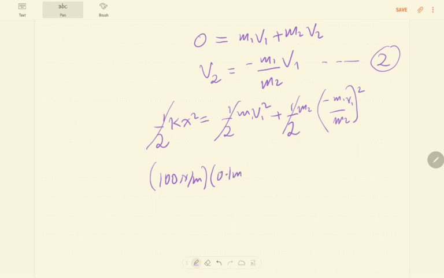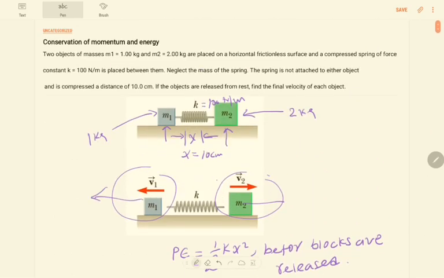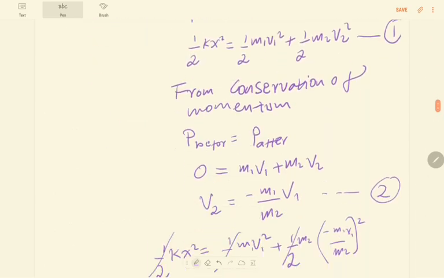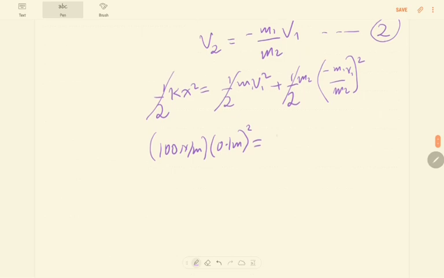That's 10 centimeter, which should be expressed in meters. This is equivalent to m1, 1 kilogram, times v1 squared, plus m2, 2 kilogram, times minus 1 kilogram divided by 2 kilogram times v1 squared.